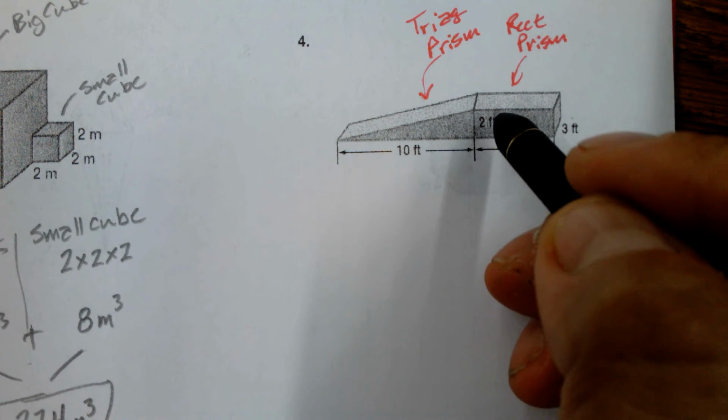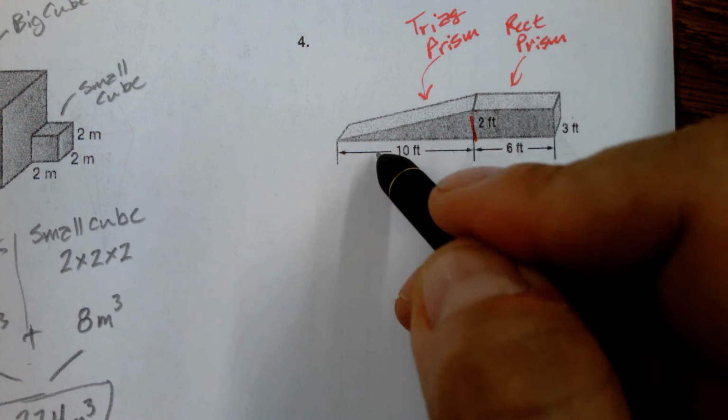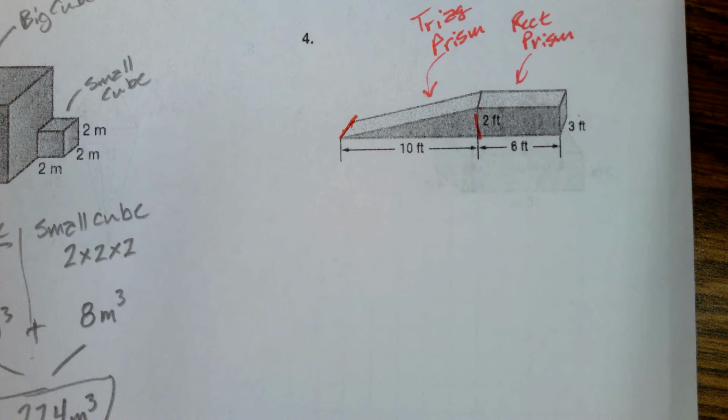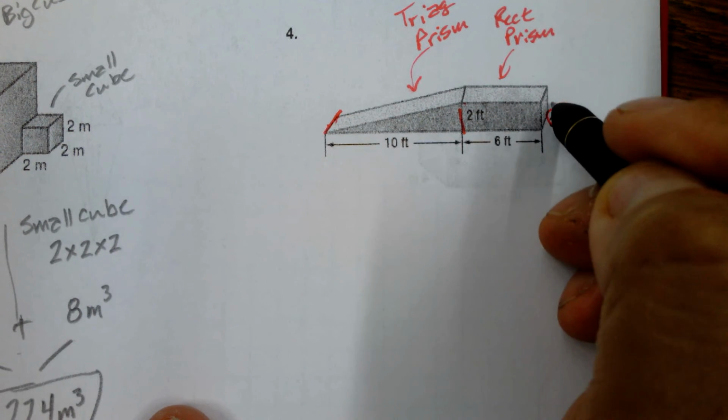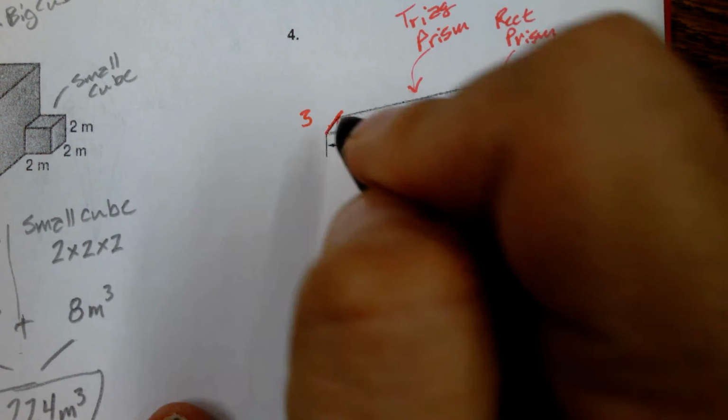For the triangular prism, well, they both share 2, right? So it's 2 times 10 times whatever this is. How much is that? I don't know that length. But look at the other end. It's 3, right? It's 3 here, and it's identical here, so this is also 3.